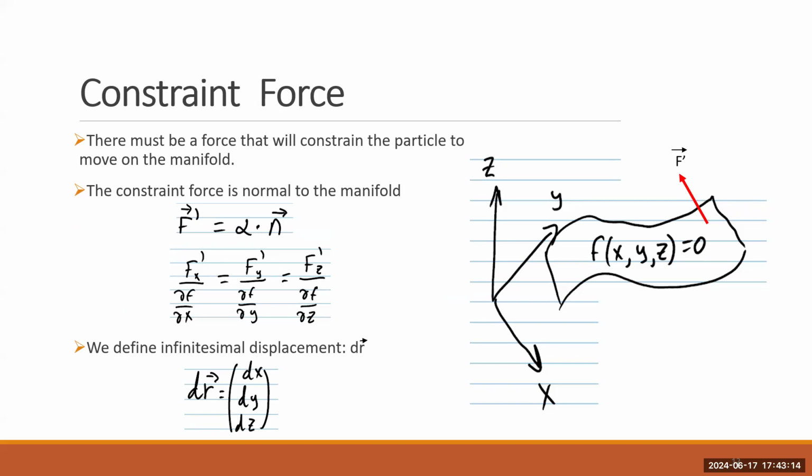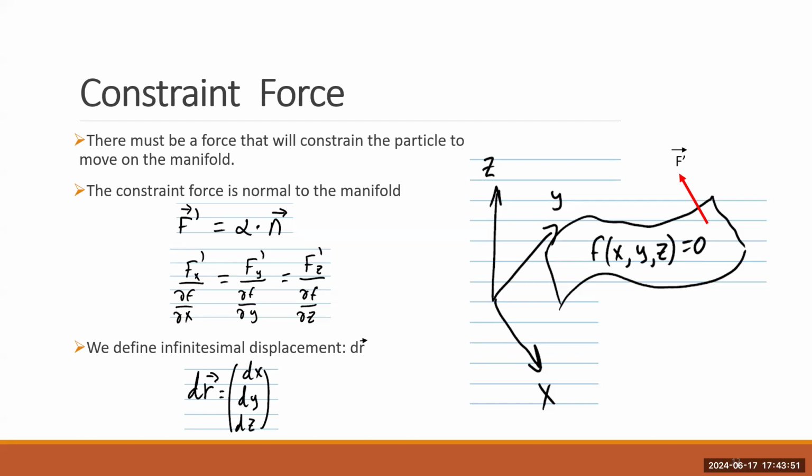And when we have a constraint, we not only have the constraint that the dynamical system has to follow, there is something that has to cause the dynamical system to follow this constraint. And this is the constraint force. Otherwise, if there were no force, the constraint wouldn't be maintained. It would be broken.